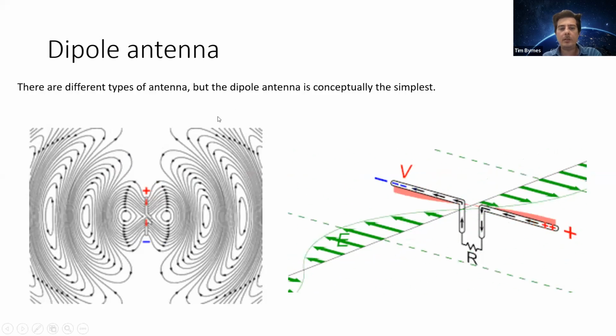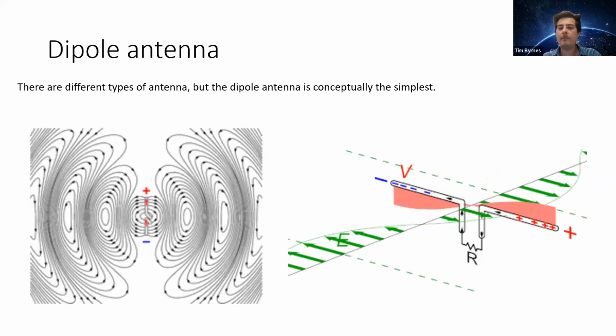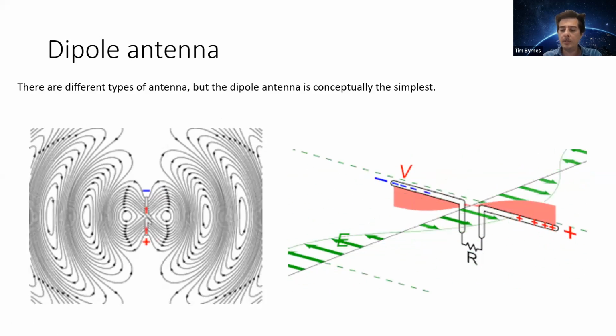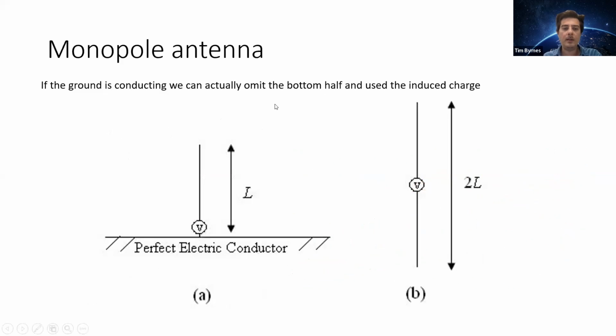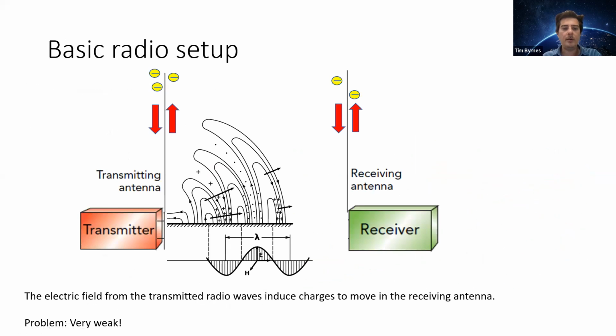The reverse process also happens, so apart from transmitting them, you can also receive them with the same kind of thing. We talked a little bit about how radios work. With radios, there's a radio station transmitter inside the antenna that's transmitting the waves. The charges are going up and down, and then on the receiving end, the charges also go up and down.